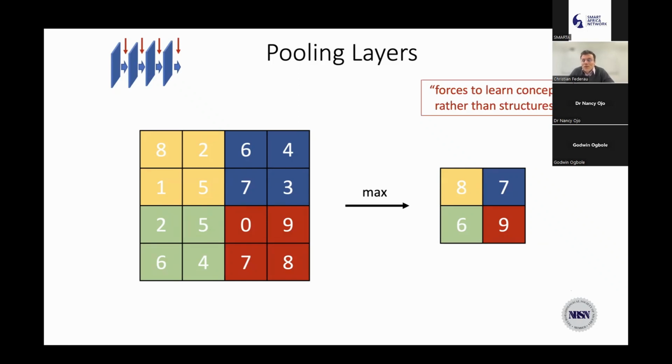If you try to learn something and you reduce the size of the image, for example, you force the network to learn some concepts rather than just the image. So if you try to learn, for example, what is a dog, and you reduce the information, you force the network to understand the concept behind the dog, and not just learn that on the upper left part of the image there might be this or this signal.